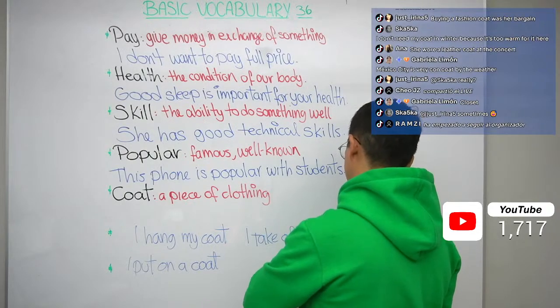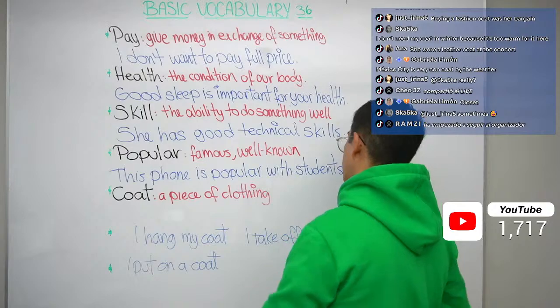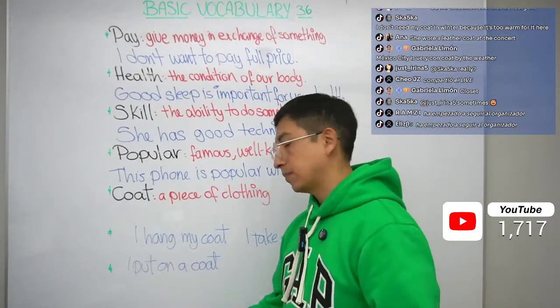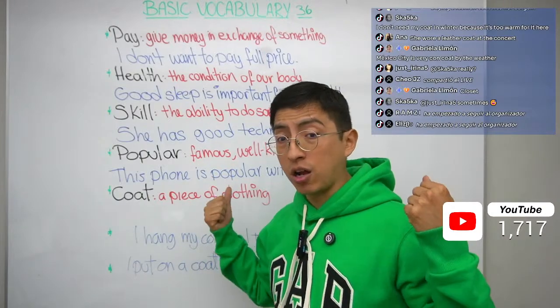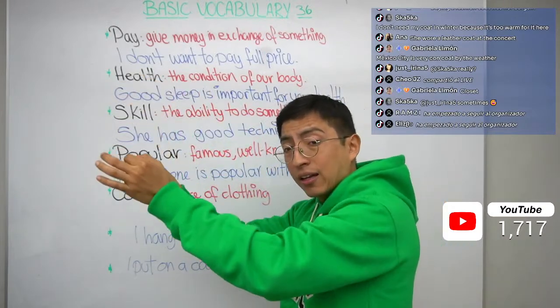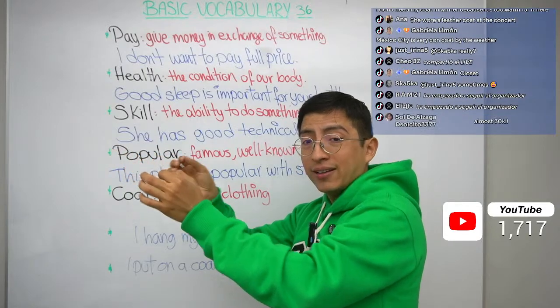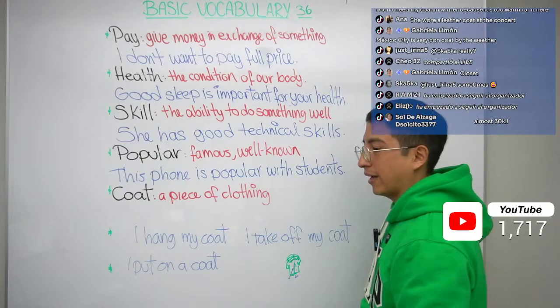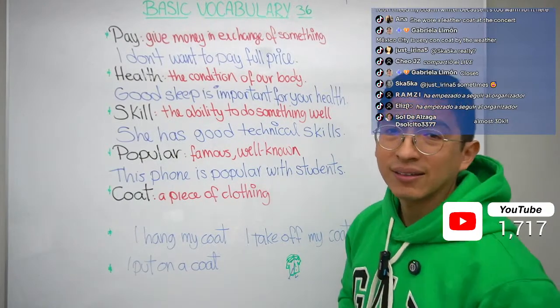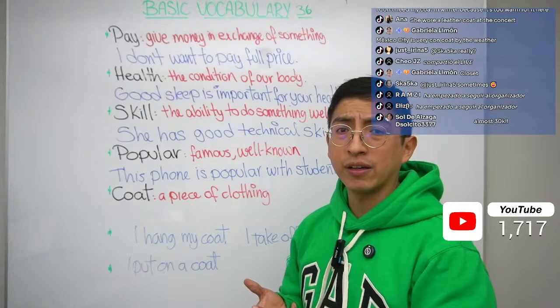One more time. You put on your coat, you take off your coat, you hang your coat. These are some of the expressions that we can use here. Okay guys, that's like the most basic word for it.